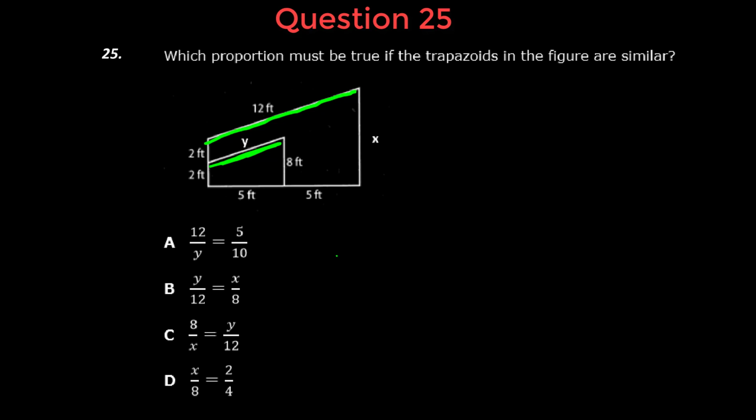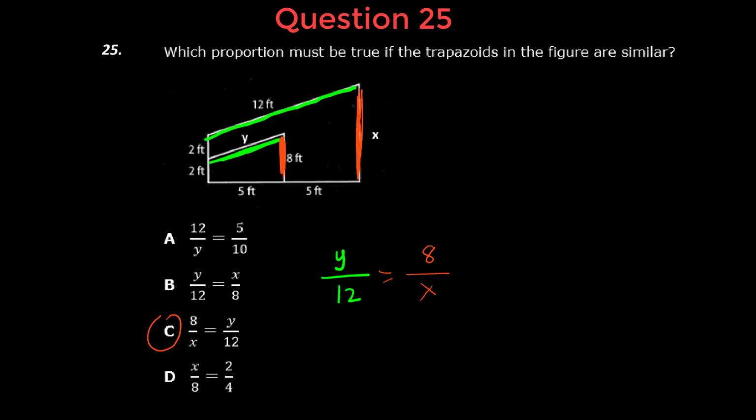So the ratio of y to 12, the small trapezoid to the big one, is going to be equal to, let's look at x here, the longest side of the trapezoid, and that corresponds to 8 here. I'm writing the ratio small to big, so that's going to be equal to the small trapezoid's corresponding length 8 to x. So that proportion is given correctly on C in reverse order. So our answer is C.